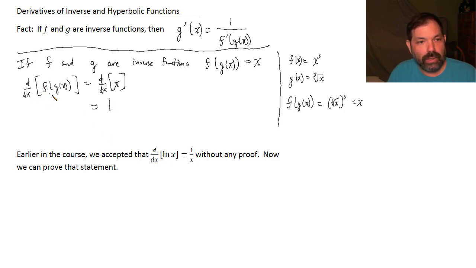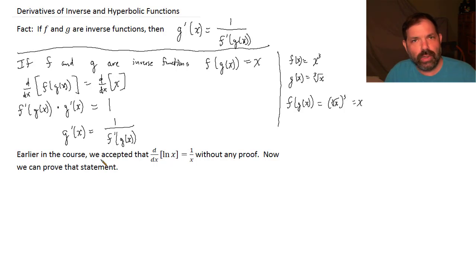But now on the left-hand side, if we apply the chain rule, we would have f prime at g of x times g prime at x. That's just the straightforward chain rule that we learned. So then g prime of x is equal to 1 over f prime at g of x, just using a little bit of division there.